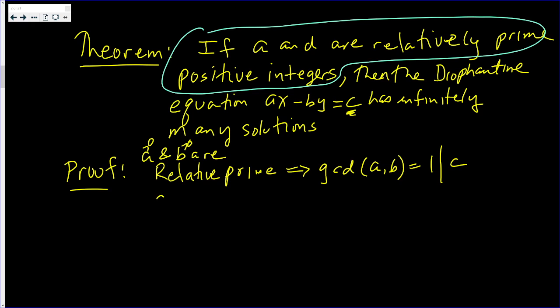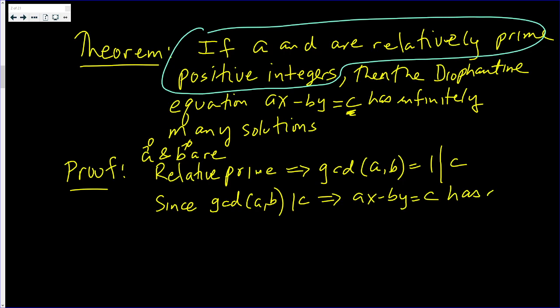So, since the GCD of a and b divides c, that implies ax minus by equals c has infinitely many solutions.